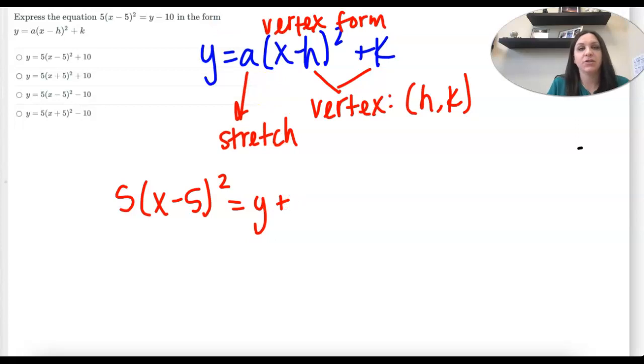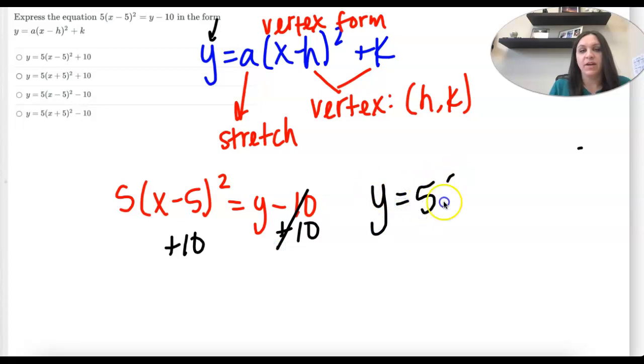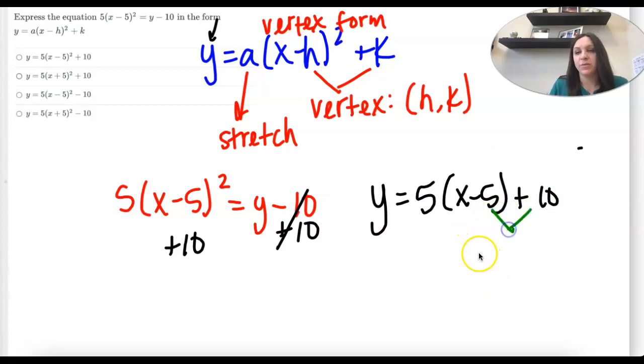And it's actually really close. Vertex form needs y by itself. y equals. So all I have to do is add this 10 to the other side. So y equals 5(x minus 5) plus 10. So our vertex would be at (5, 10).